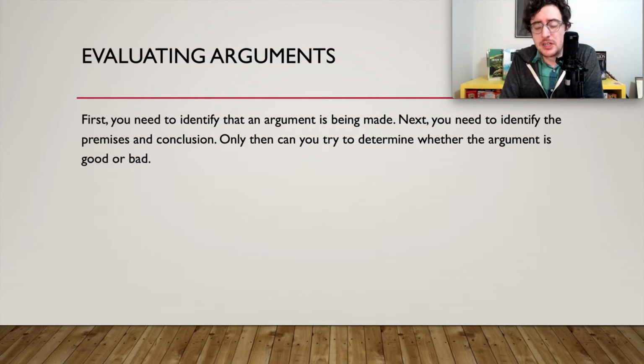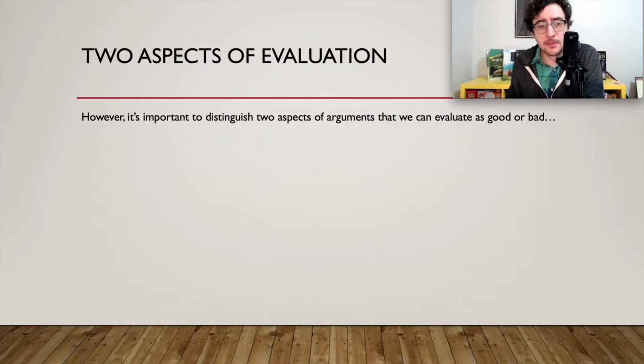After you've done so, you need to identify what the premises are and what the conclusion is. Once you understand what the argument is, you can then try to determine whether the argument is good or bad. However, it's important to distinguish two aspects of arguments that we can evaluate, since arguments can be good in some ways and bad in others.